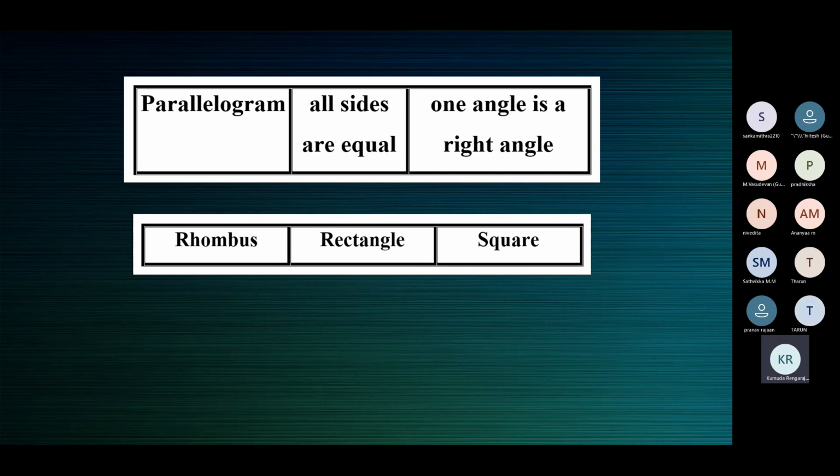Once you complete that and we discuss the answers, we'll resume volumes and surface areas. So it'll be like that. We'll be doing both the chapters parallelly. So today will be quadrilaterals. Am I audible, children? Yes, ma'am. All right.